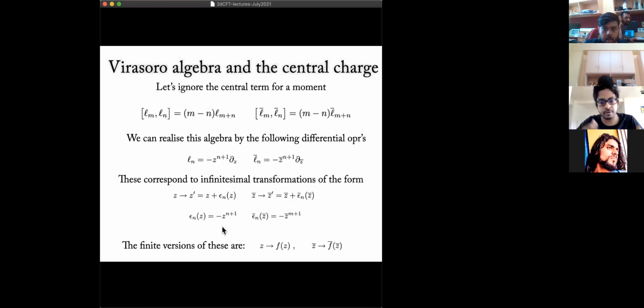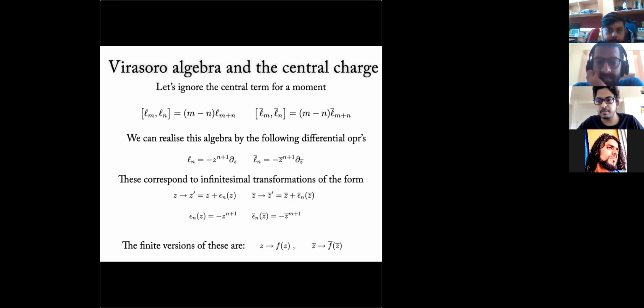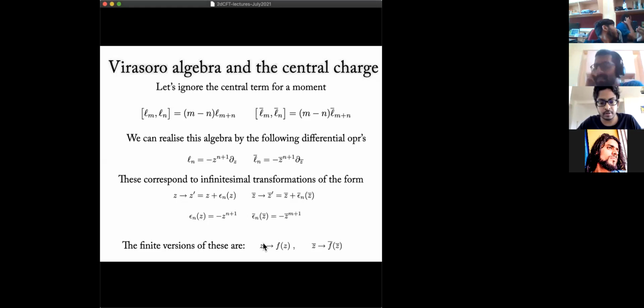So the finite versions of these infinitesimal transformations are z going to another function of z, and z bar going to the same function with z replaced by z bar. So what this implies is that the conformal transformations in 2 dimensions are analytic functions which take you from functions of z to functions of z.